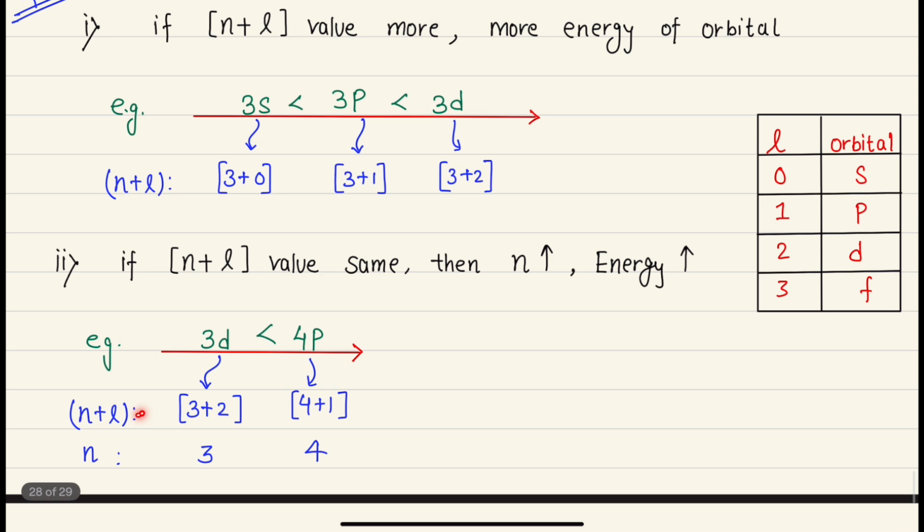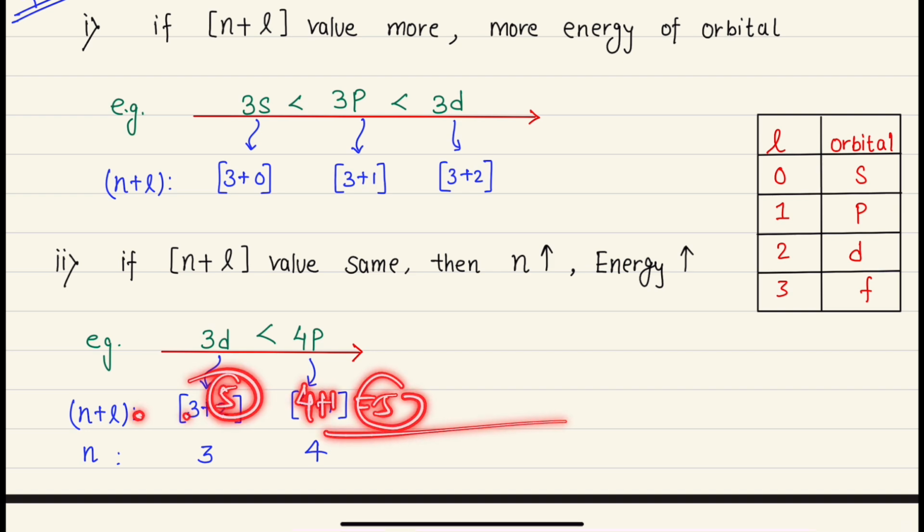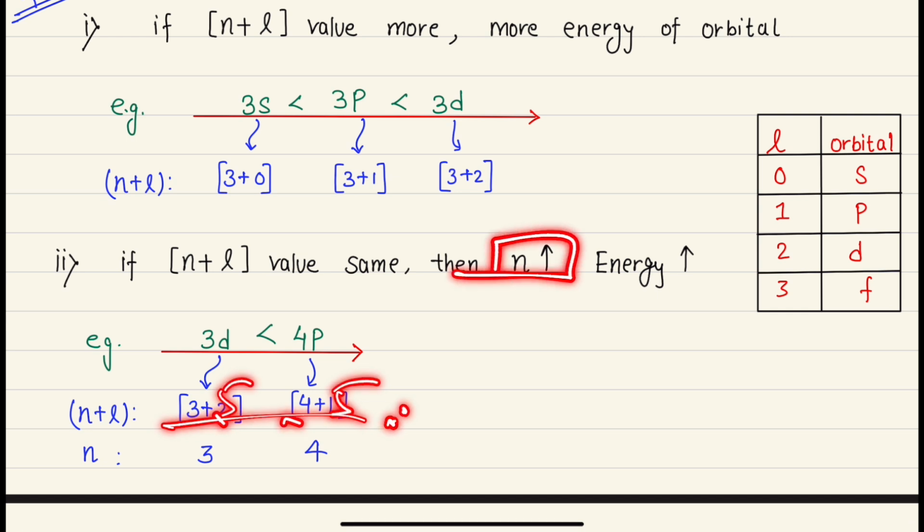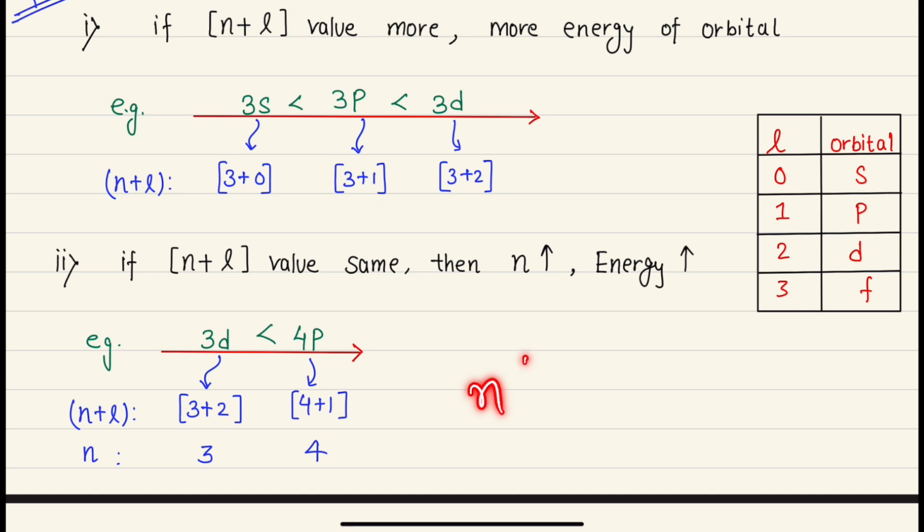Now for 3d find the n plus l value, and find it for 4p also. For 3d you will get 3 plus 2, that is 5, and for 4p also 4 plus 1, that is 5, right? So in this case 3d and 4p, both have the same n plus l value, 5. So now check the n value. If you have a larger n value, then energy will also be more, right?